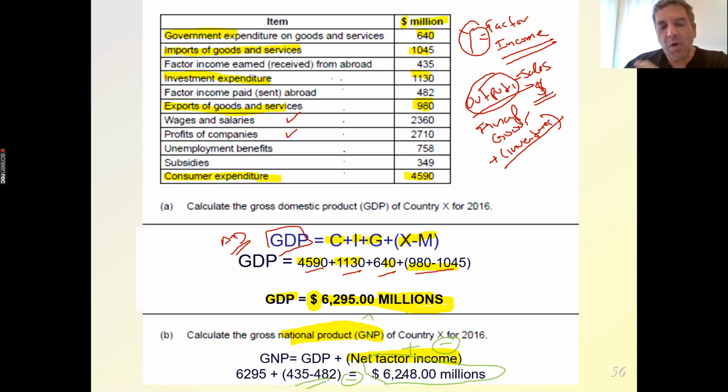That means that this is the money that is coming to the country and is staying in the country, and it's a more accurate picture of what the country really produces when the money is taken back by citizens abroad and we are repatriating the profits from foreign companies or foreign citizens that are sending it back home. So this is what we need to calculate. This is the type of question that you will receive in Paper 3, but it is more important to know what we are talking about.